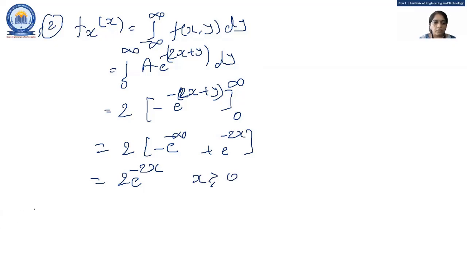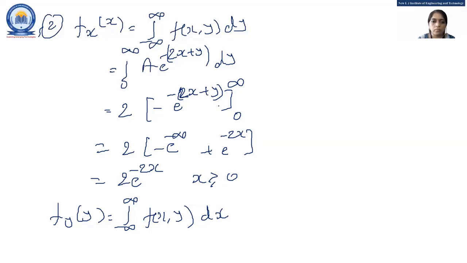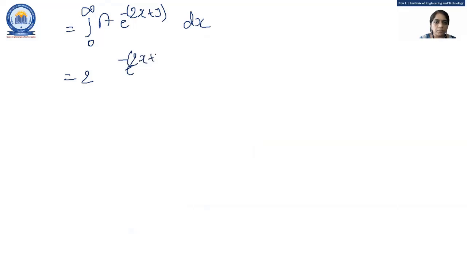Same for f of y for all y, and that is the integral from minus infinity to infinity of f of xy dx, right? So here, the integral from 0 to infinity of a e to the power minus (2x plus y) dx. If I keep 2 out of the integral and integrate with respect to x, that is e to the power minus (2x plus y) upon minus 2, and the limits are 0 to infinity.